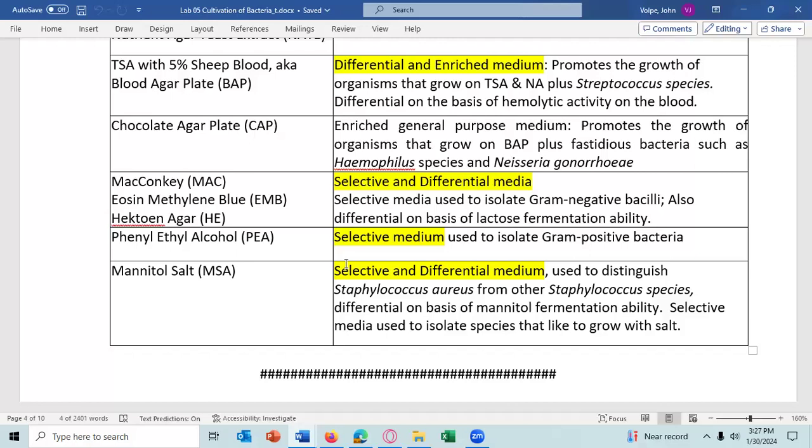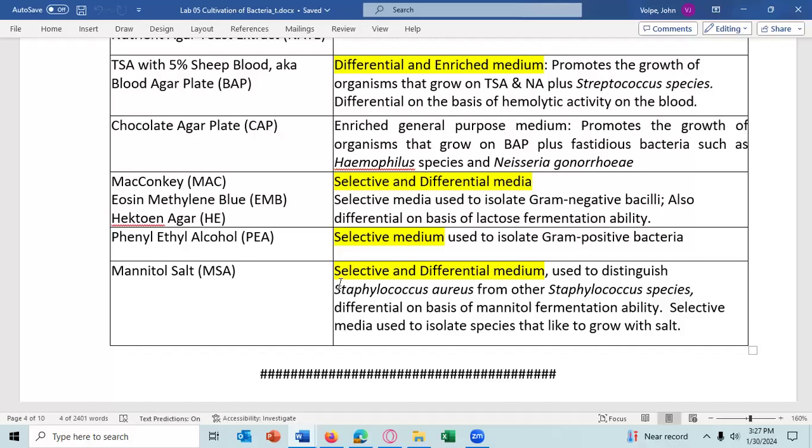Most bacteria will grow only in a media up to about 2% sodium chloride. So let's say 0 to 2% sodium chloride. And beyond that, most bacteria cannot grow.